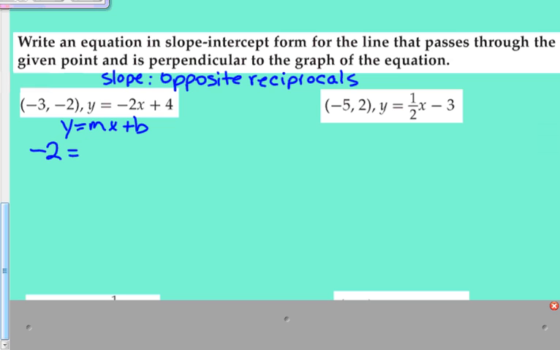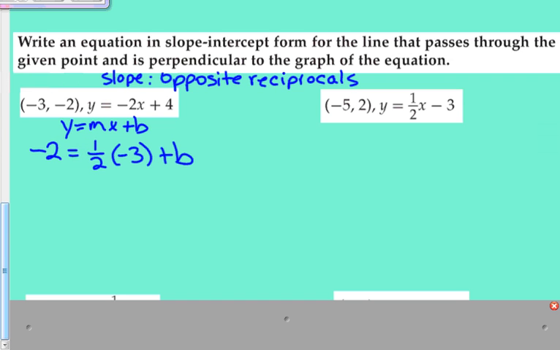Instead of being 2, it'll be a 1/2 because you're going to flip it over. That 2/1 flips to 1/2 x. And then again, we don't know b. Now, hang on, I got to go back and put in my x. Got ahead of myself. -3 goes right here for x, and then plus b. We have to solve for b.